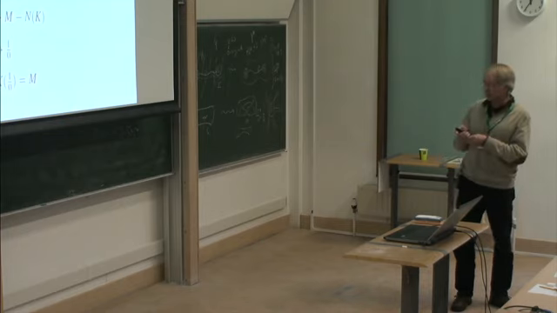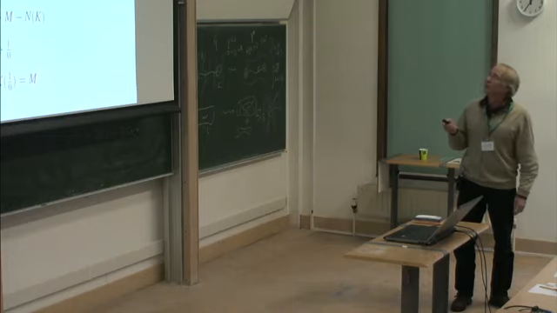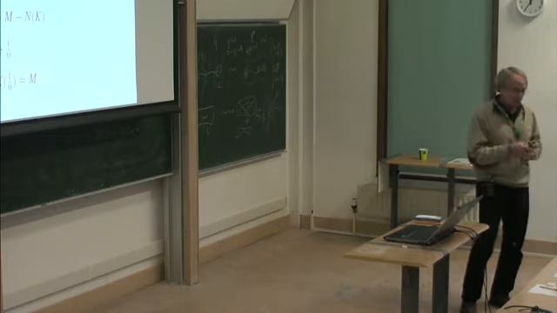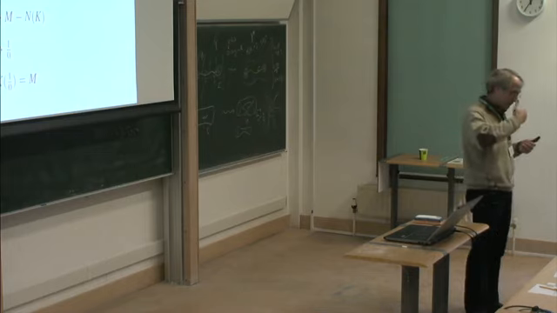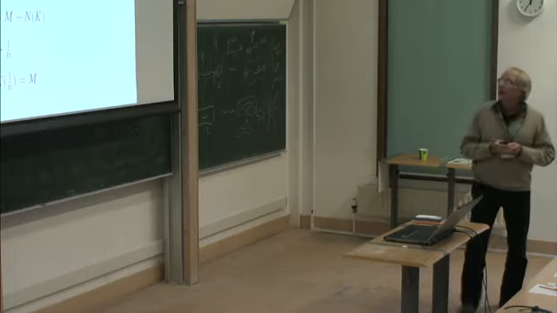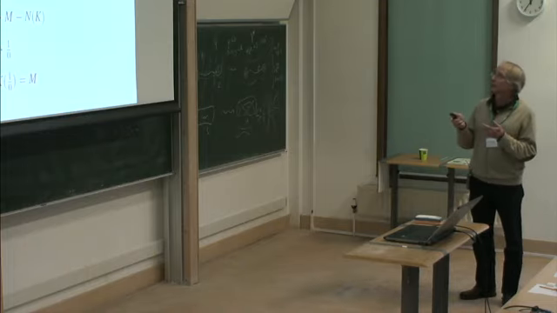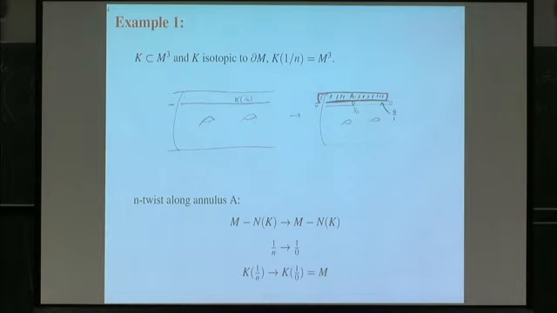If you just take a knot that's parallel to the boundary of the manifold, and you do 1/n surgery, using the framing coming from the boundary, then you get the manifold back again. The argument is, the knot is parallel to the boundary, so there's an isotopy onto the boundary. The trace of that isotopy is an annulus, which you can think of as embedded in the exterior of the knot in this manifold.